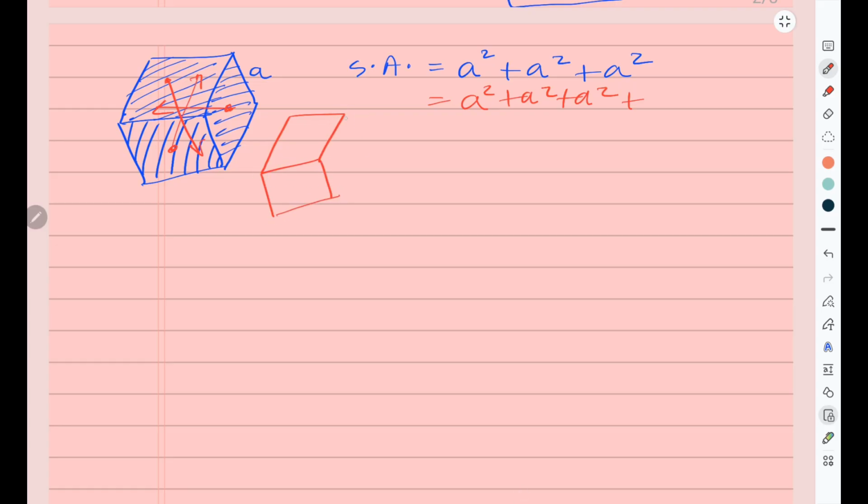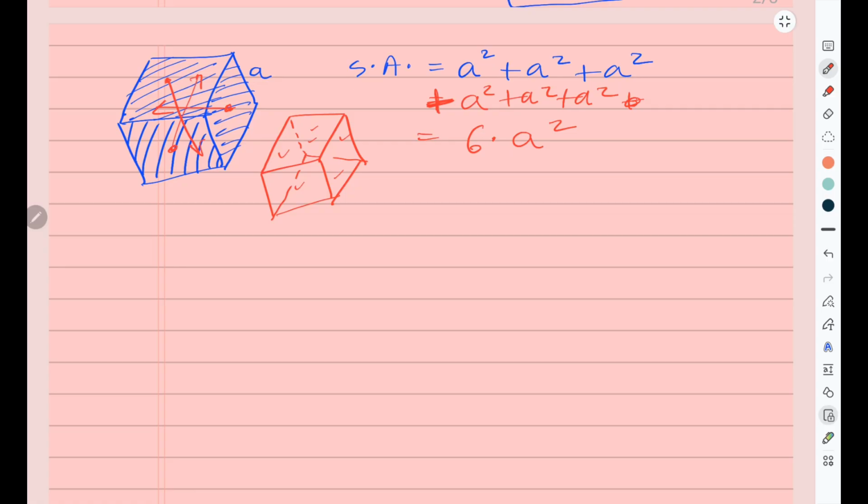Let me just make one more figure so that you can imagine. So here, can you just count the surfaces? 1, 2, 3, 4, 5, 6. It's a little difficult, but you can have a look at a dice and try to add. So all those areas, I should just put like this. The total surface area is 6a square, okay?